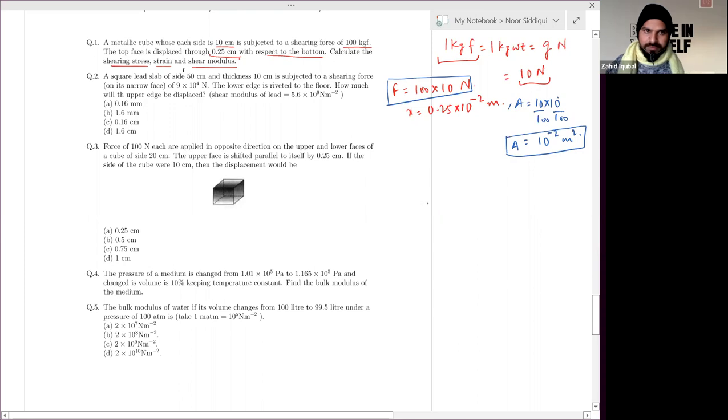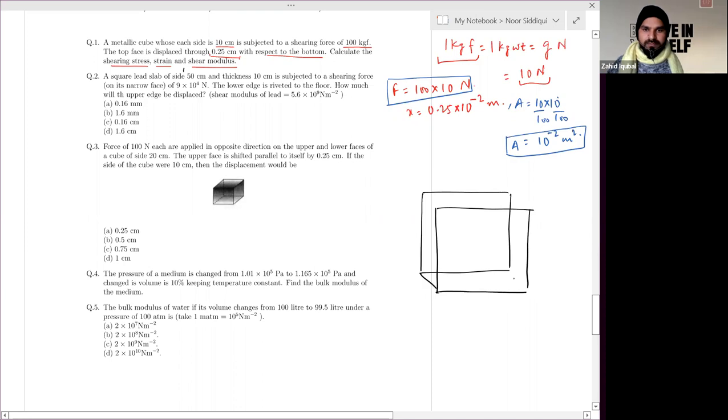So it will be towards this. This top face is square in shape and width is 10 centimeter.